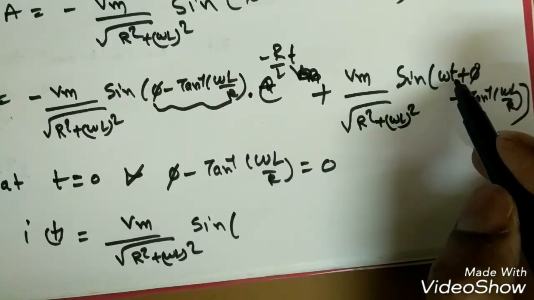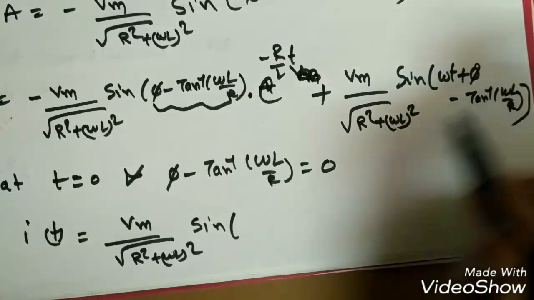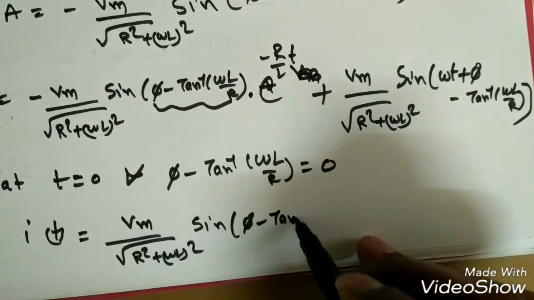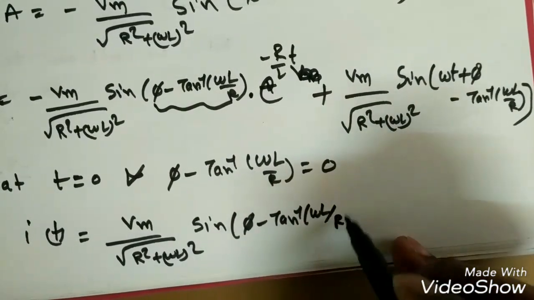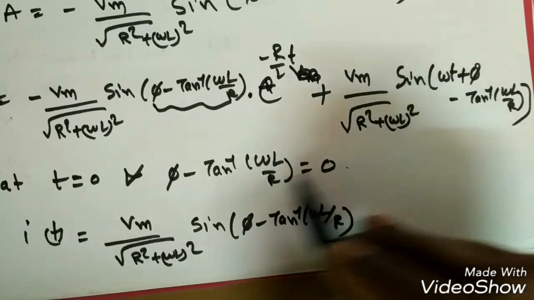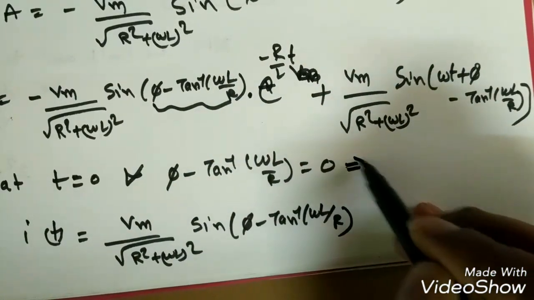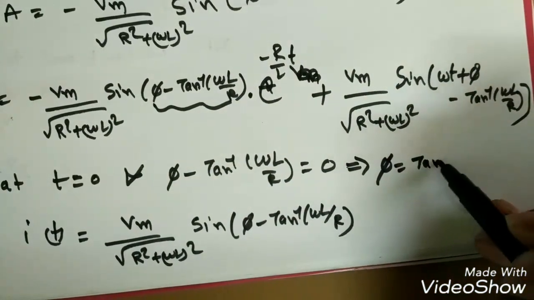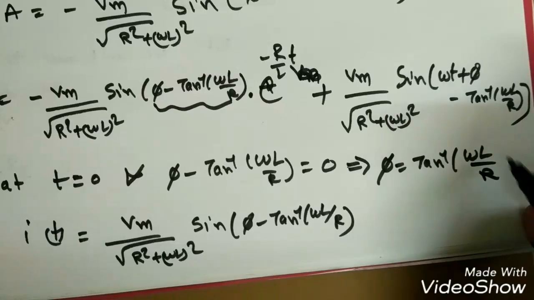So if omega t, so t equal to 0 means it will be 0. So we will get the steady state response as tan inverse omega L by R. Right? That means if you see this one, that is phi is equal to what? Tan inverse omega L by R. That means what is the transient free condition?